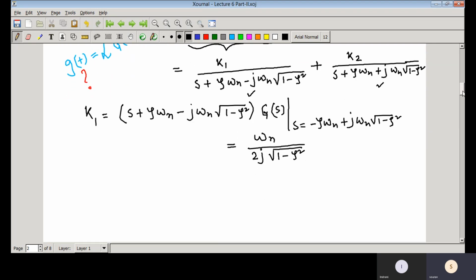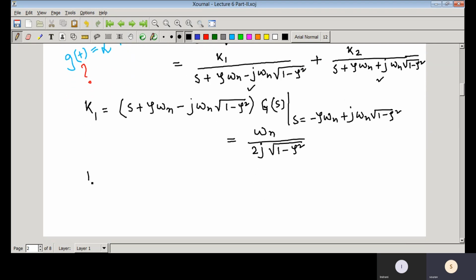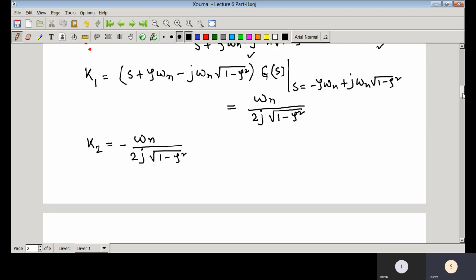Similarly, if you do for the second one, then you will get K2 equal to minus omega n by 2j square root of 1 minus zeta square. So just applying the same method here for K2, we will get this coefficient.